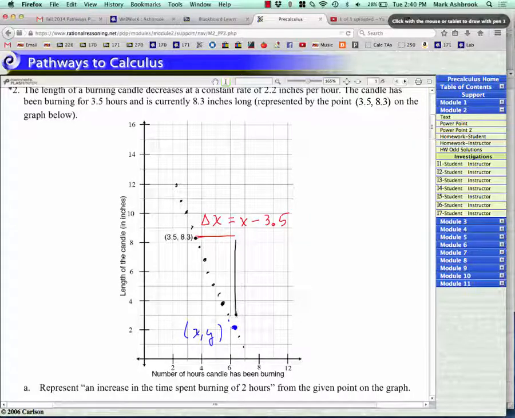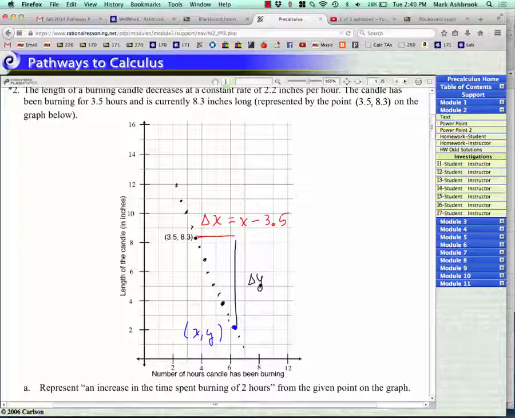How can I use constant rate of change to write down what the corresponding change in y is? Michael. We would be able to do the delta x times the negative 2.2.